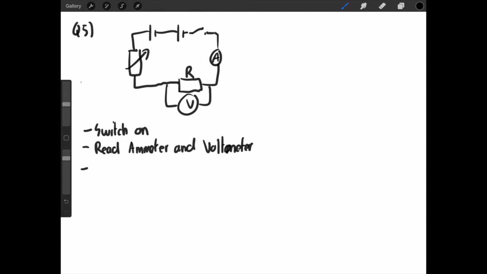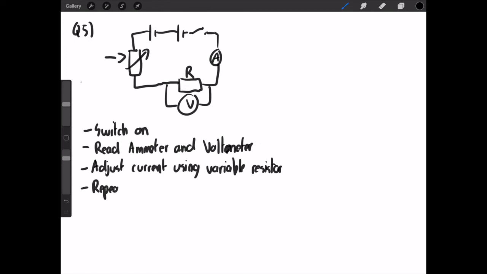The next thing is we're going to use the variable resistor here to adjust the current. So adjust current and name it using variable resistor. And then we could take some repeat readings perhaps.